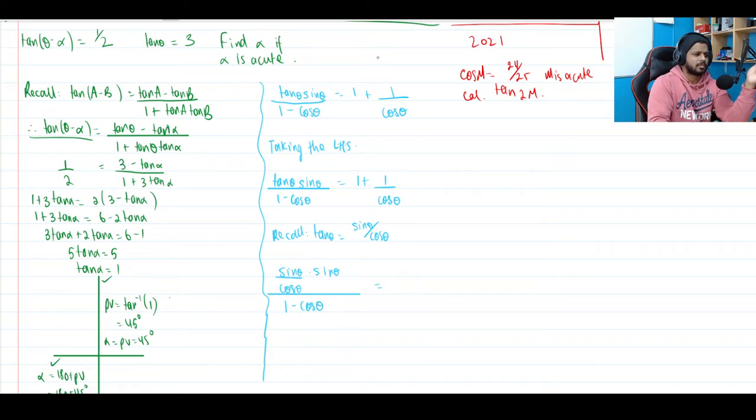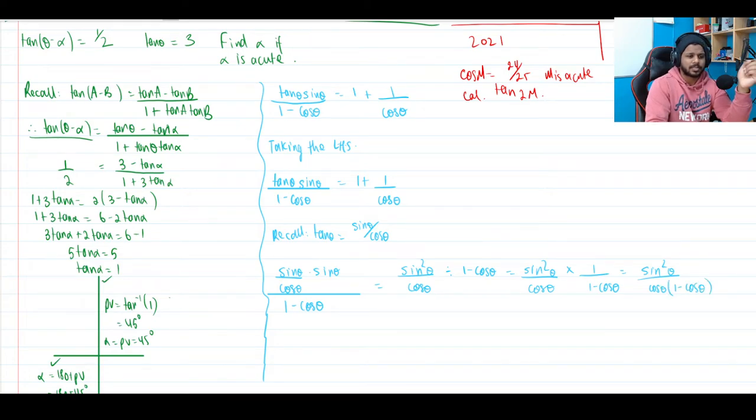I'm going to fix up my numerator a little bit. Sine squared theta over cosine theta, divided by 1 minus cosine theta. Sine squared theta over cosine theta multiplied by 1 over 1 minus cosine theta, and this becomes sine squared theta over cosine theta into 1 minus cosine theta.